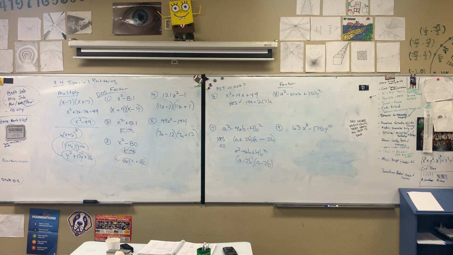Pro tip on number 9, look for what they have in common, which they do have something in common. I know it looks a little messy. They don't have any variables in common, but they do have a coefficient part in common.